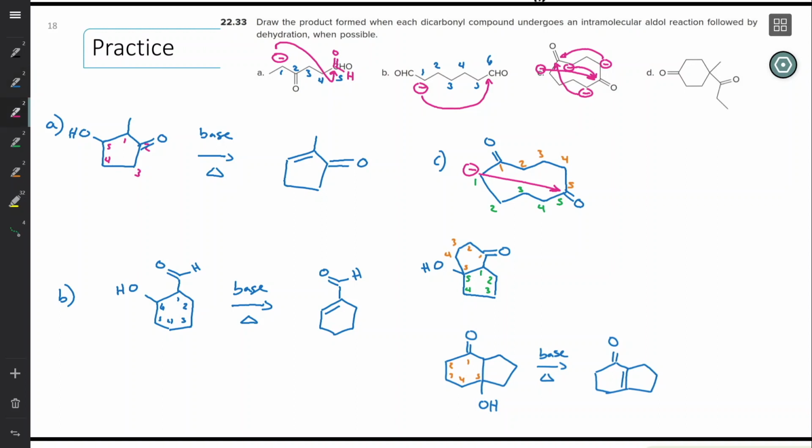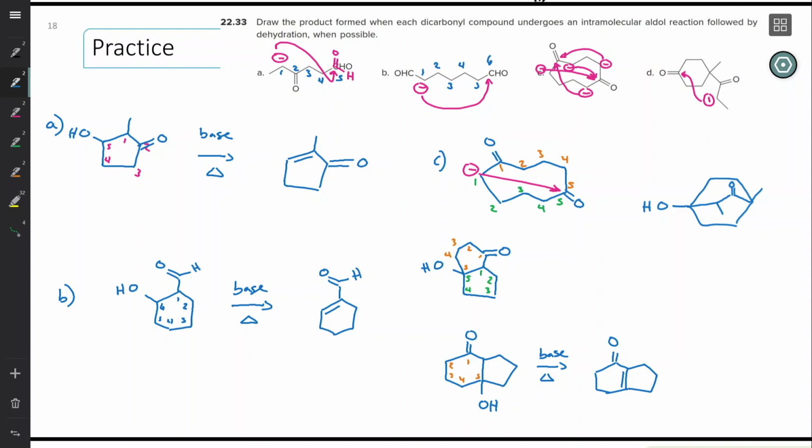D is just a little bit tricky to see. This is going to be my enolate. Can't form an enolate here. There's no spot. And I'm going to attack this ketone. So you can kind of draw it flat, right, where this becomes an alcohol. This side has this ketone, with a methyl group, and then that attacks, that's connected there.